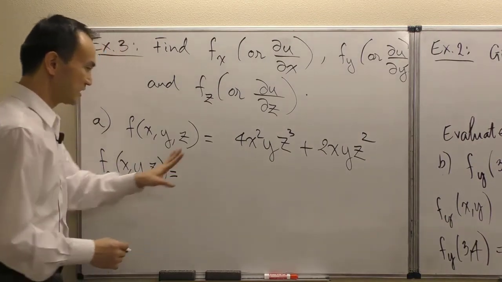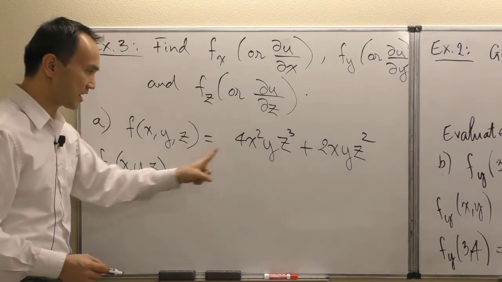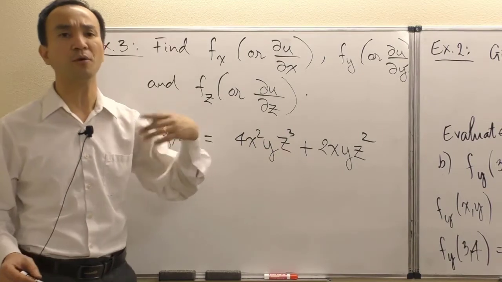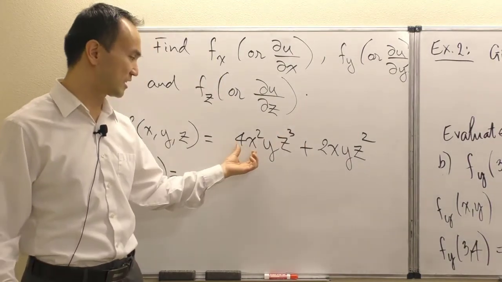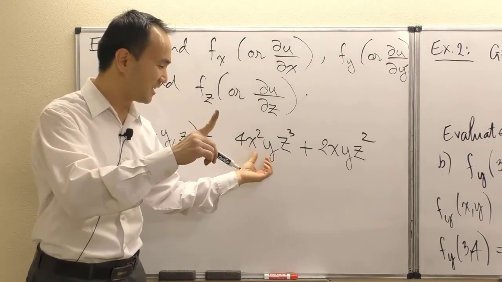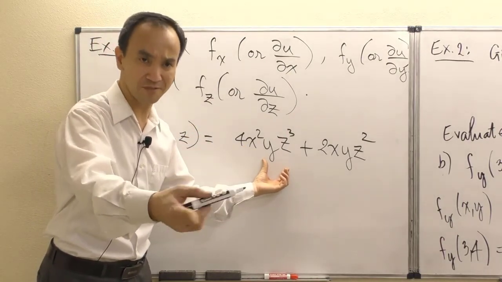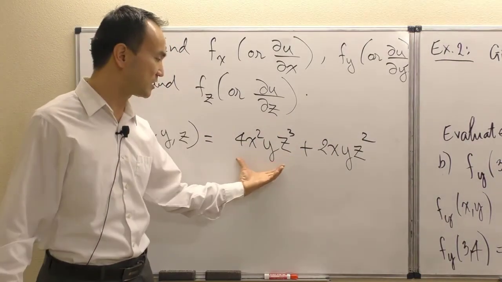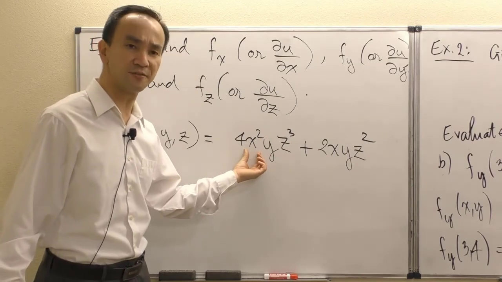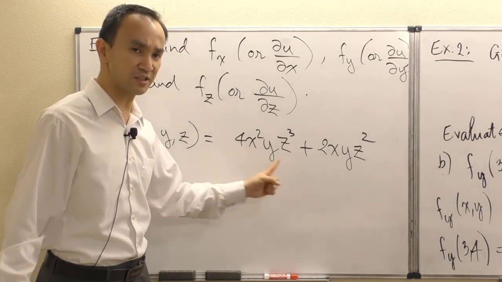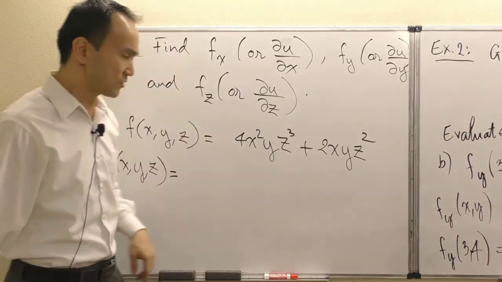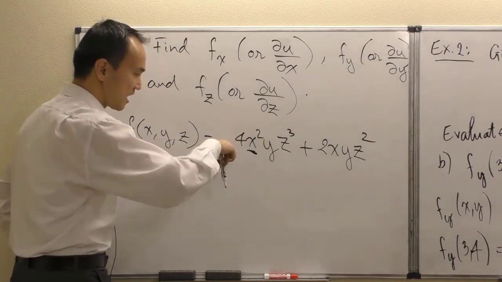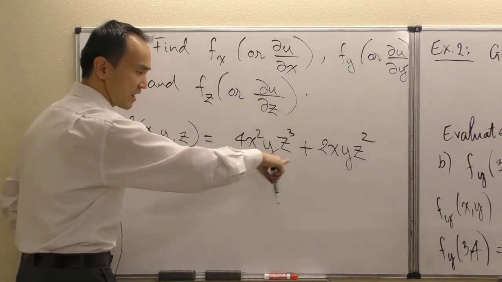In the first term here, we're going to focus on x as the main variable, and everything else, see, there's y, times z cubed, and the 4 over here, everything else aside from that x squared is considered as one package of coefficient. So the real thing that matters for us to take the derivative is to bring the power 2 on the x down, and then that power is reduced by 1, but everything else is coefficients.